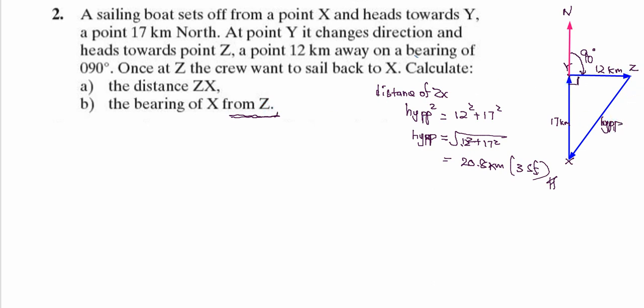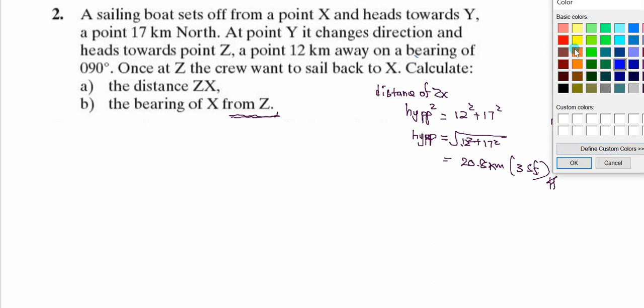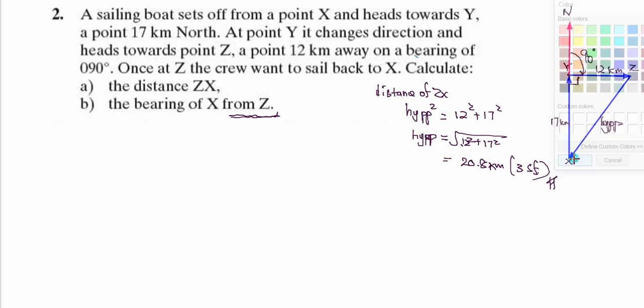First, from the point Z, put a 90 degree line up, pointing north. Then you go clockwise, always clockwise from the north all the way to the line joining Z and X. So we're going to draw this line down.